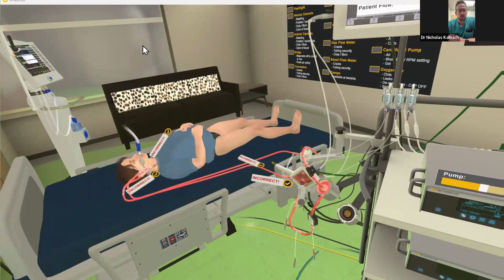This will typically get inserted at the right internal jugular vein. It has drainage ports both proximally and distally to drain from both the superior and inferior vena cavas. And then the return port is typically around the level of the heart, which allows the body to pump the oxygenated and ventilated blood through.